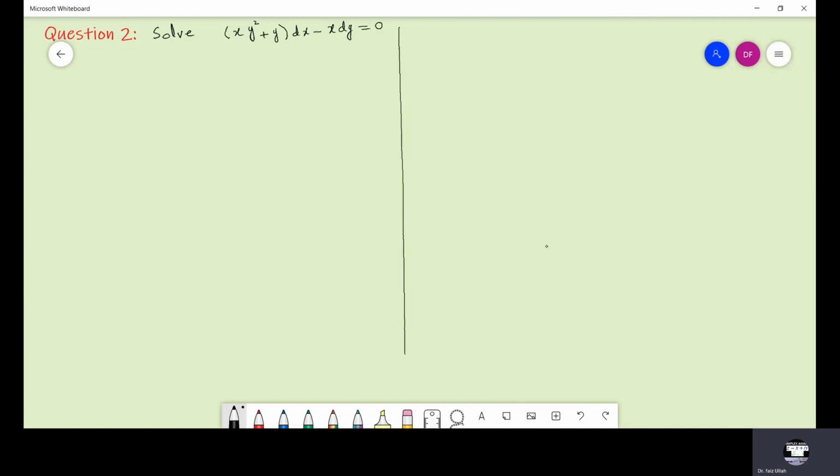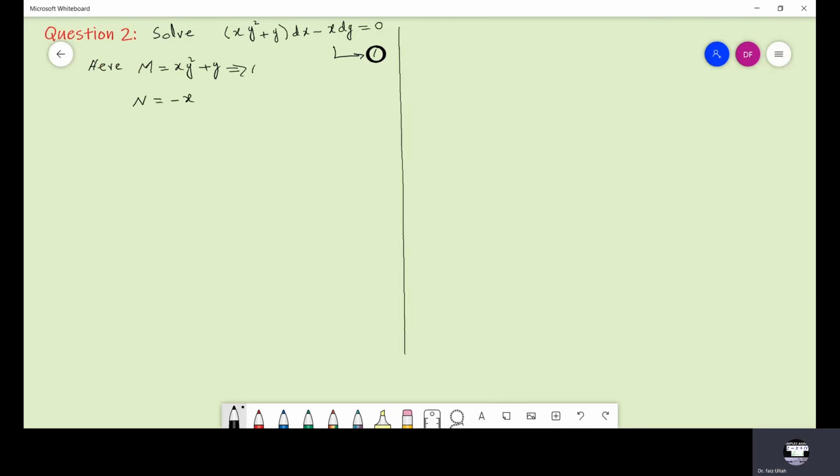Question 2. Solve the ordinary differential equation number 1. Here again the coefficient of dx is called m, which is equal to xy square plus y, and the coefficient of dy is called n, which is equal to minus x.